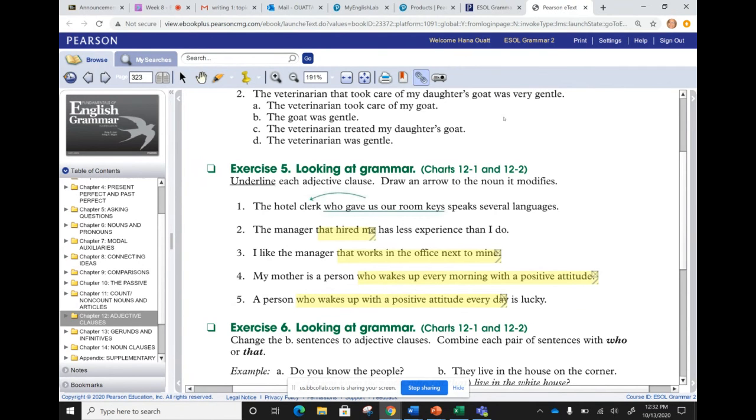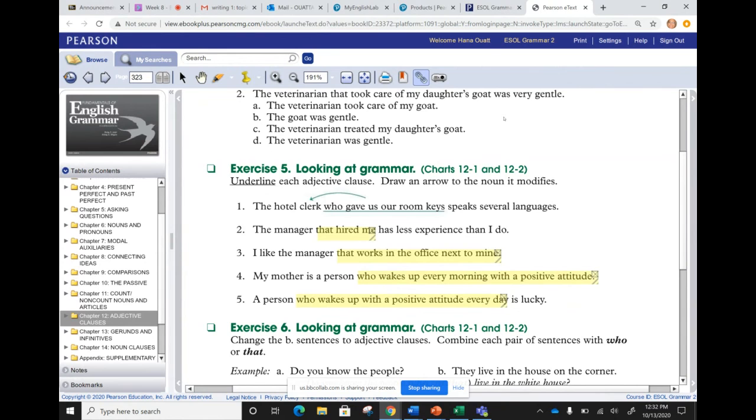Oh, okay. It doesn't have any sense. Yes. It's kind of like, well, everybody wakes up though. Every single person. And in number 4, just until morning.